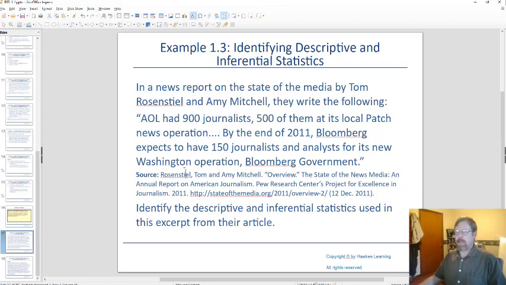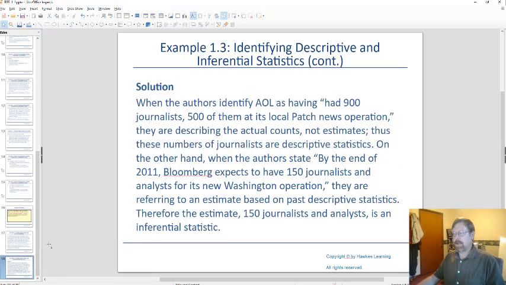So again, descriptive statistics talk about our sample that we know. Inferential statistics talk about things that we're inferring based on a sample. All right, go ahead and take a minute, figure that out, and we can move on.